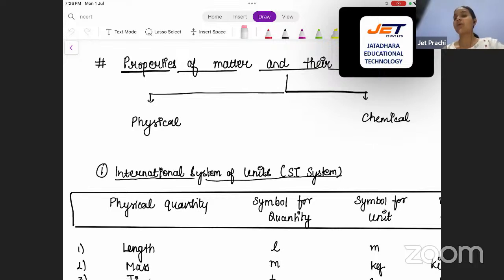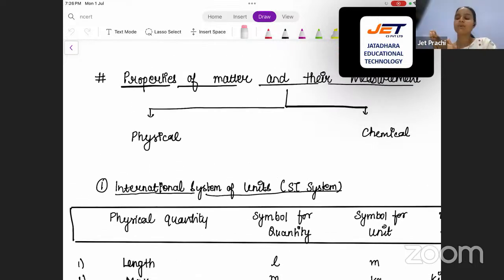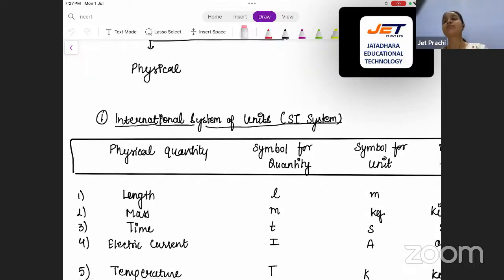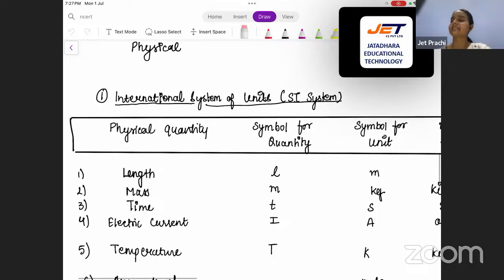Now, yesterday, once we learned about matter, the next question was, if I have any matter and I want to study it, then I must know about its physical properties and its chemical properties. First we learned about the measurement of physical properties. To learn about physical properties, we have to adopt a system which is accepted by all. So there we learned about the International System of Units, which is the SI system.